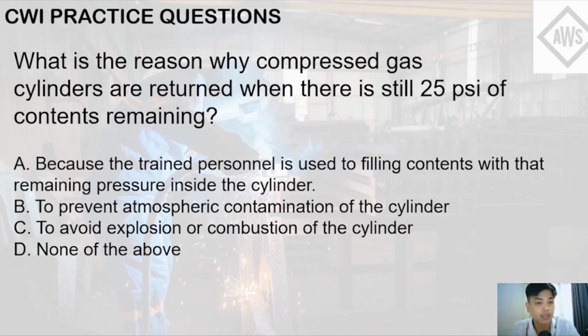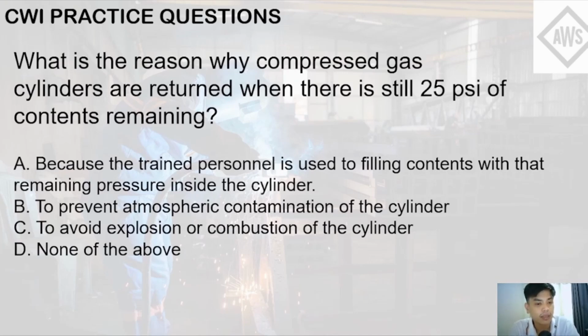Letter B, to prevent atmospheric contamination of the cylinder. This is a good answer because if you have a pressure contained in that cylinder, the atmospheric gases will not be able to enter it because the pressure of the atmosphere is what? 14.7 psi. So it will not be able to contaminate the contents of the cylinder. So letter C, to avoid explosion or combustion of the cylinder.